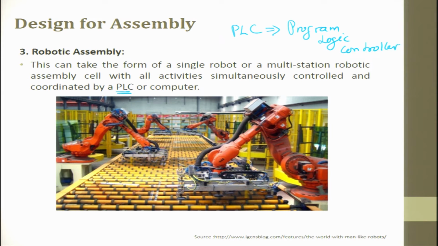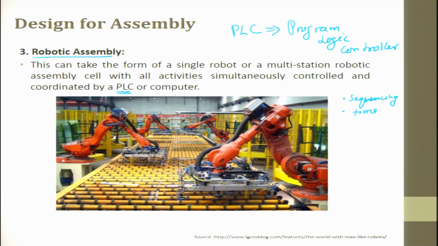It tells the system that first this operation happens, then that operation, third operation, fourth operation, fifth operation, and if there is any problem in the first or second, it goes to an emergency stop. And then you also do sequencing with respect to time. So, this is robotic assembly.